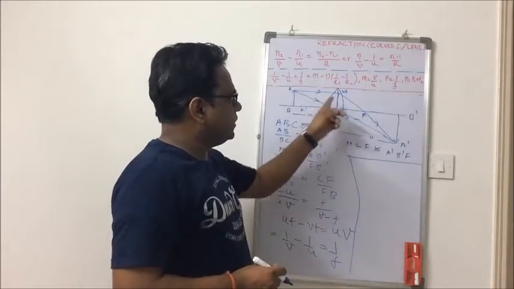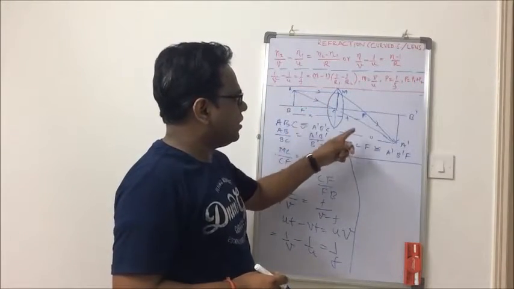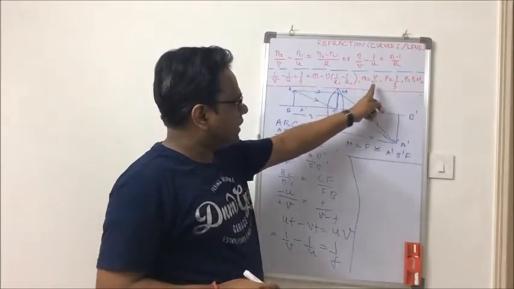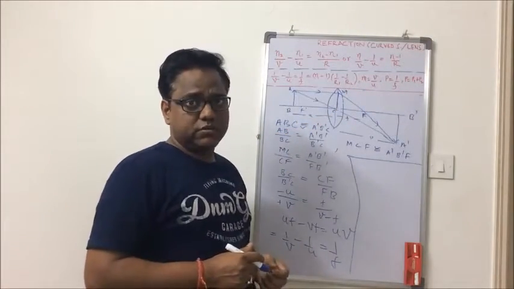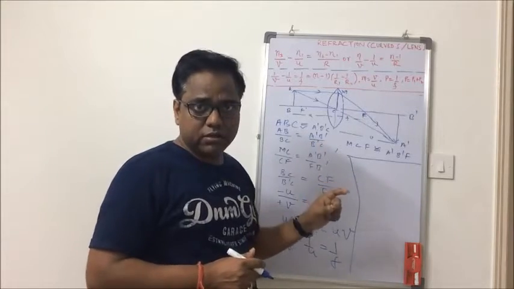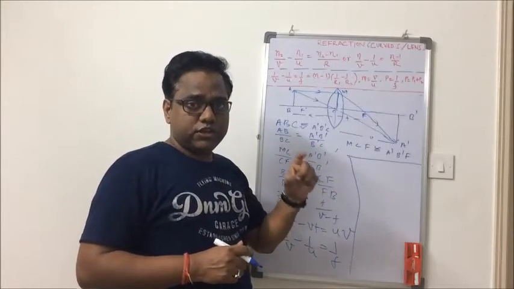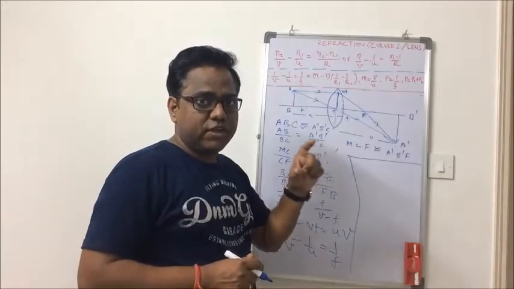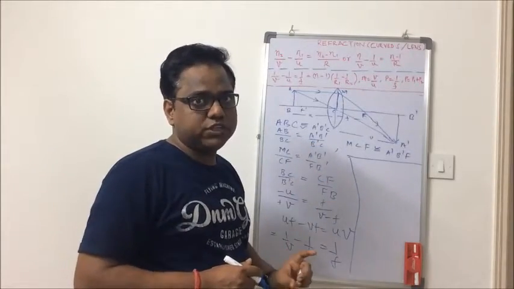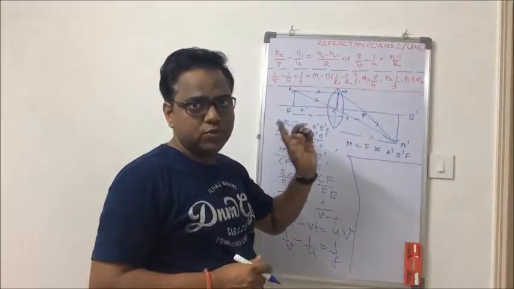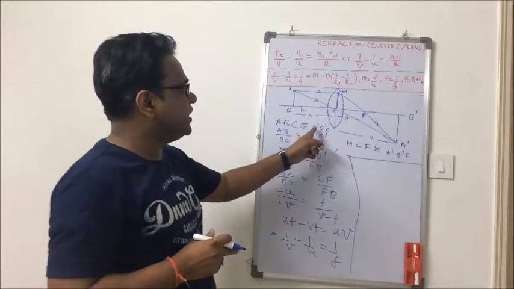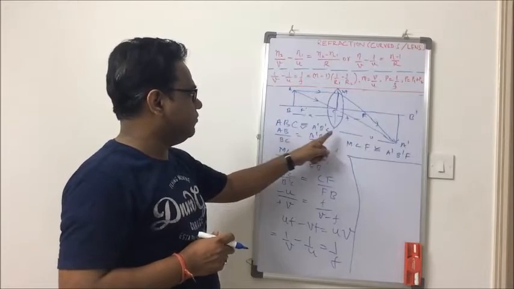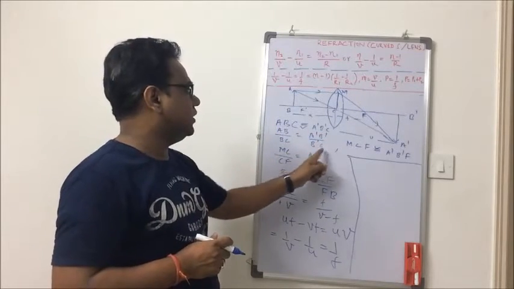So using this diagram we can prove another formula, which is called magnification, M, right? Magnification is nothing but the ratio of size of image divided by size of object, which should be equal to V by U. If you take these two triangles ABC and A'B'C, we formed this equation.